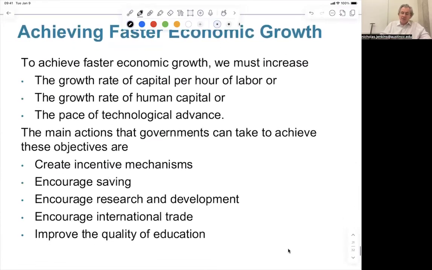So we need to think about things that help incent economic growth by improving human capital, the technological advances, and capital improvements for businesses. And the government can play a role in this by using subsidies and grants and tax money to create opportunities to, for example, improve the quality of education.